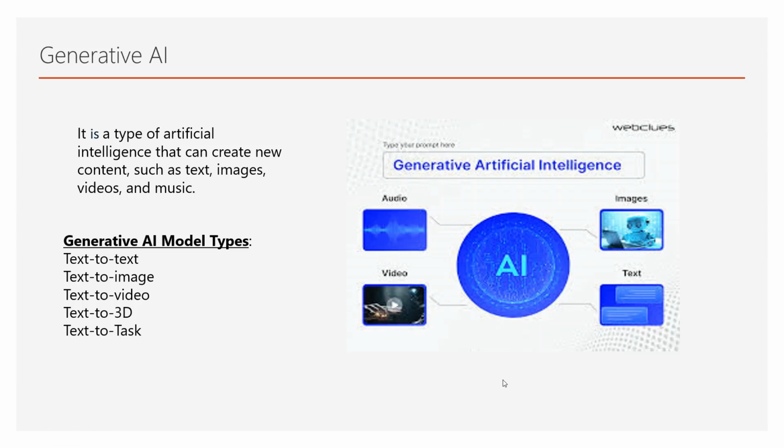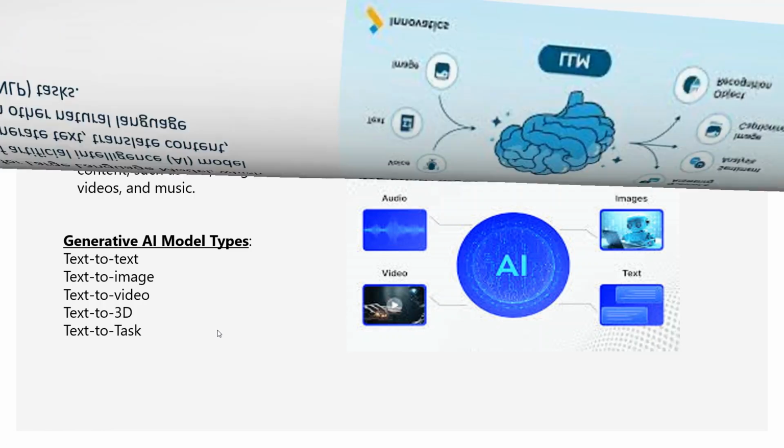Another important thing: generative AI generates new samples that are similar to the data it was trained on. It will generate only based on what was already given to it, something similar to what was given to it. Now, generative AI model types: there are different types. You can see here text to text, then text to image, text to video, text to 3D, and text to task. These are a few of the models.